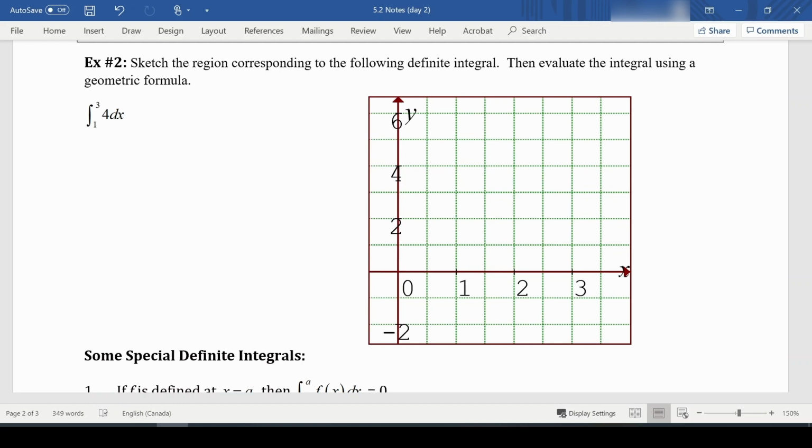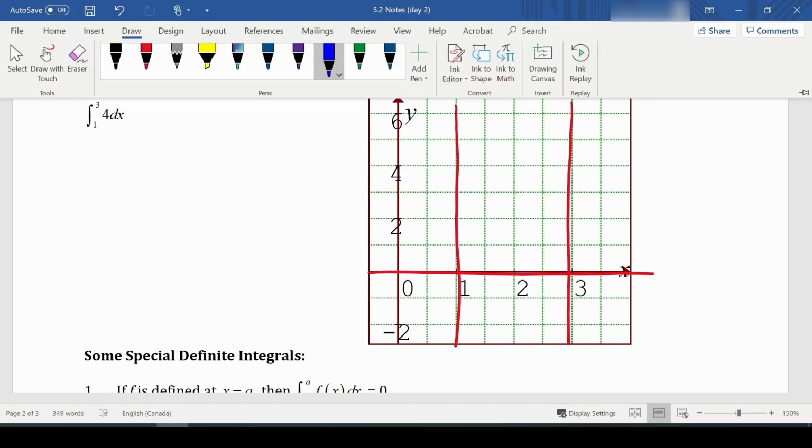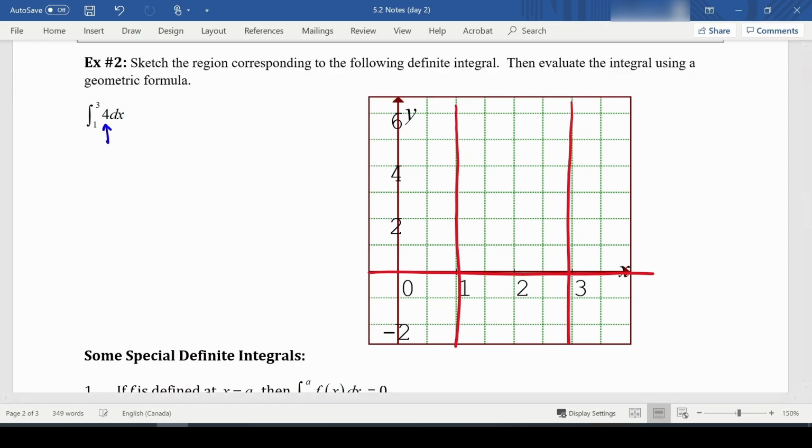Okay. So we are going to evaluate using a geometric formula. If I think about this, our lower bound is 1. Our upper bound is 3. We're going to bound by the x-axis as per the theorem above. And then our extra side is going to be the function 4, which basically means f of x is equal to 4, or in other words, you have a horizontal line at 4.